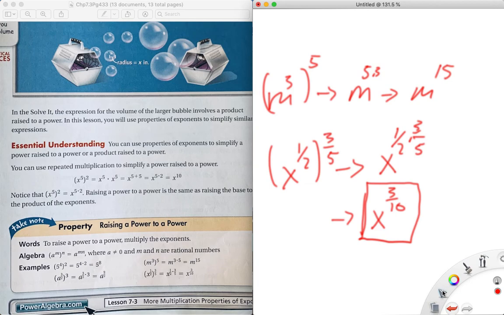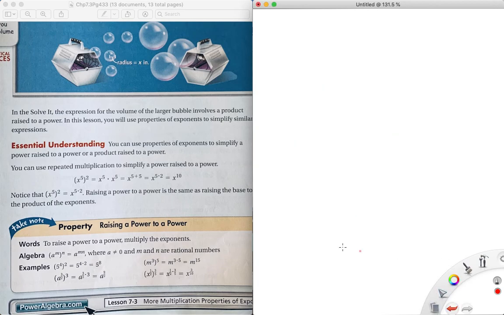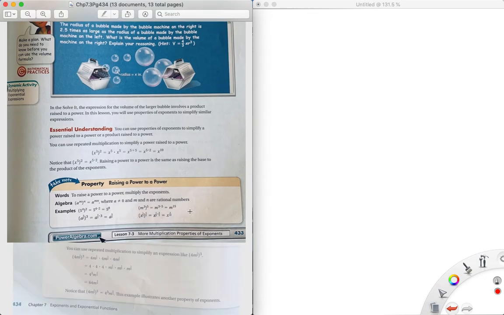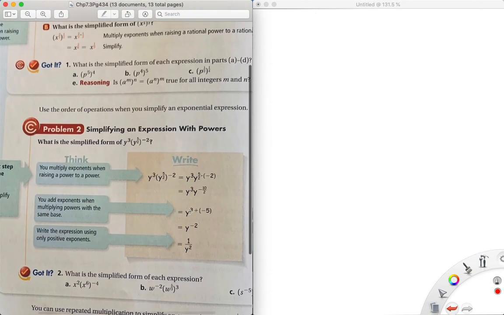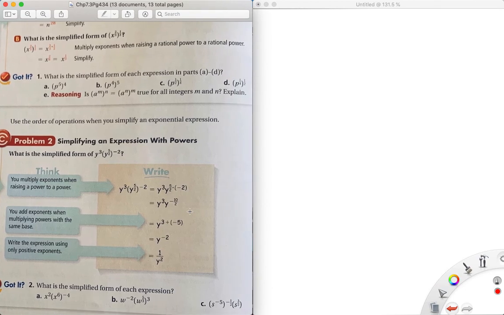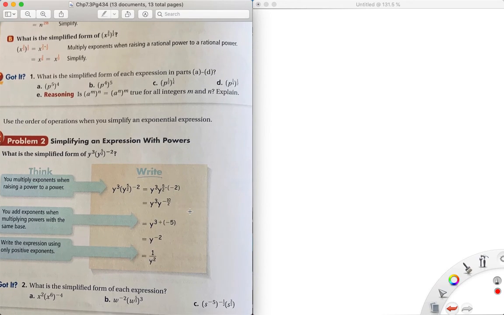Again, multiplying the exponents when one power is raised to another power. Alright, a couple of examples of this. I'm just going to do 2. I'll do the 2 fraction ones since I know everybody loves fractions. So got it, number 1, letter C.